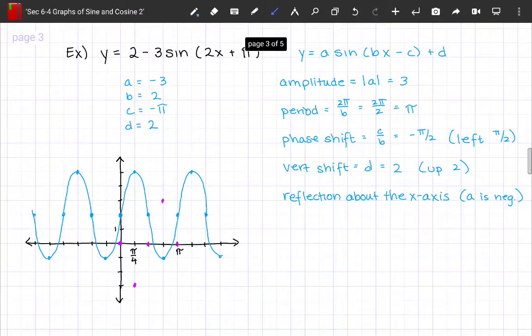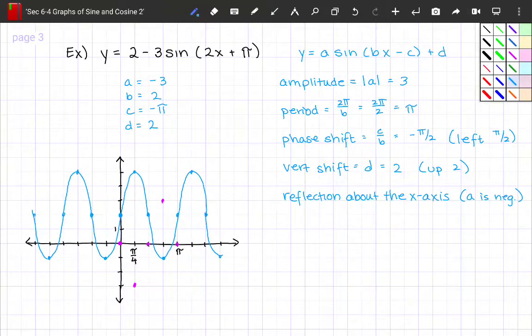So this should be your graph. Let's see how we did this one now. So here's how I thought about this one. Again, I like to think about my graphs before any shifts, and then I apply the shifts. So I do need to think about the amplitude, the period, and in this case, the reflection.